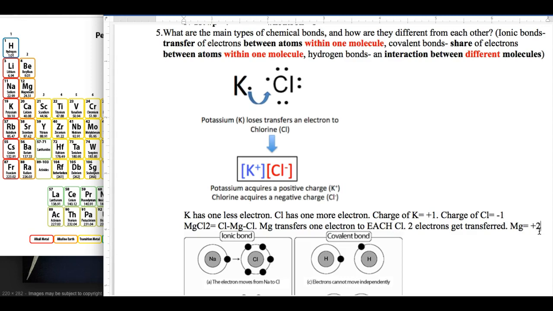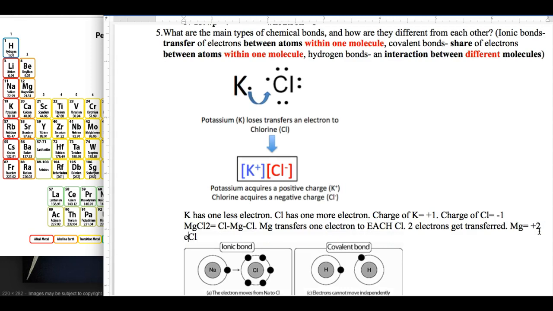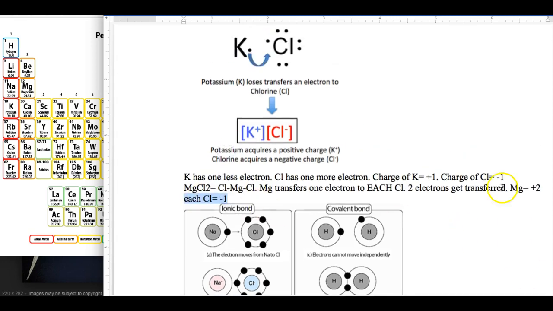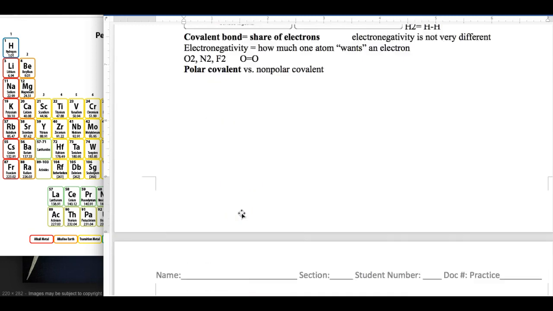Well, there's only one Mg, but each Cl would have a -1 charge. If you look at the total charge, Mg is +2, one Cl is -1, the other Cl is still -1. In total, it is +2, -1, -1, which is 0. So MgCl2 as a whole has no charge at all, but if you look at the charges for each ion, then Mg is +2 and Cl is -1.